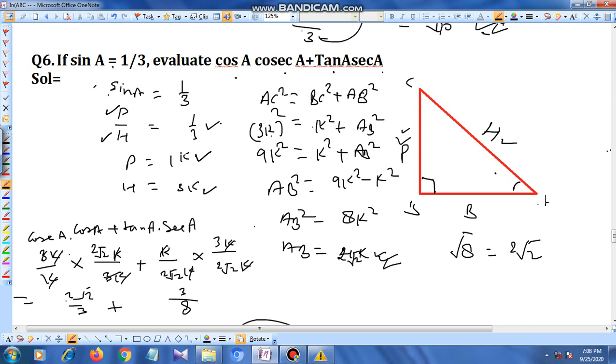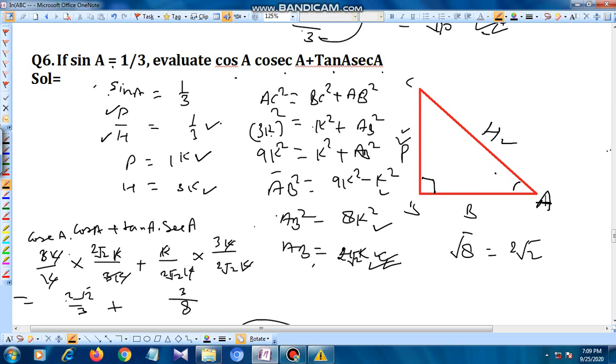So 3k square equal to k square plus AB square. So 9k square equal to k square plus AB square. So AB square equal to 9k square minus k square. So it will be 8k square. Therefore AB equal to 2 root 2 k. So AB is 2 root 2k.